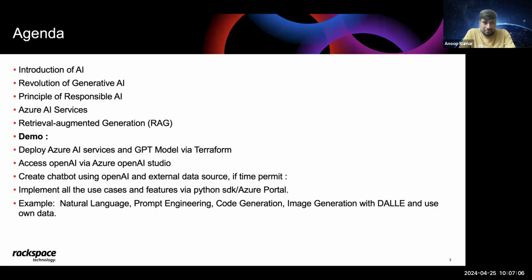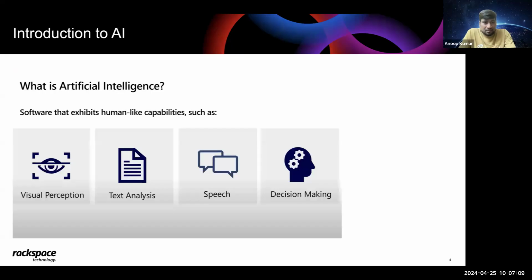So let's begin with the introduction of artificial intelligence. Artificial intelligence is a human-like capability, and there are different forms of use cases, like visual perception, where we use face recognition, and text analytics, where we can get an abstraction of the data, summarize the data, and get the input as well.